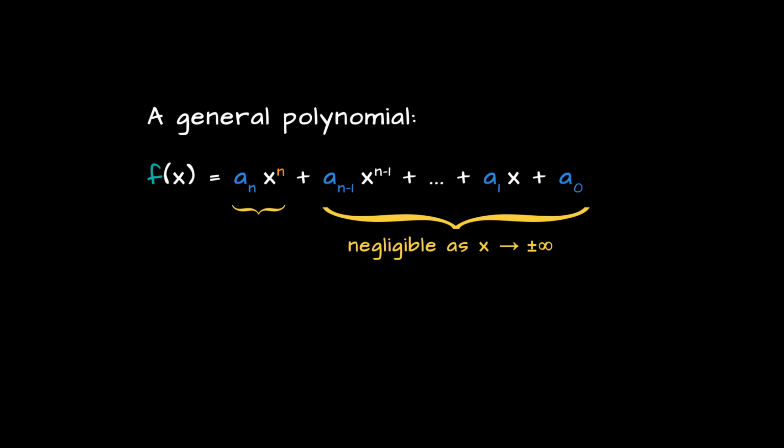That is to say, they just don't grow nearly as rapidly as that x to the n term, and can therefore be discarded in considering the asymptotic behavior. Indeed, the asymptotic behavior of a general polynomial is determined solely by the leading term, and therefore we can analyze it using the same tools that we use to analyze the asymptotic behavior of a power function.